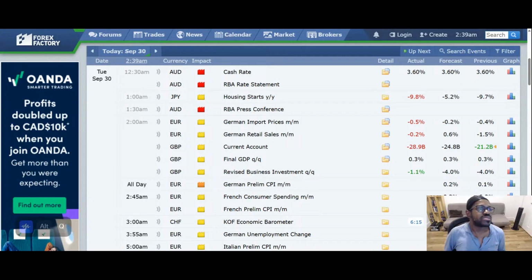All right, perfect. So on the news calendar, we had some Australian dollar news. That was big news here at 12:30 a.m. my time, and I'm going to look to see exactly what happened here on the Aussie.